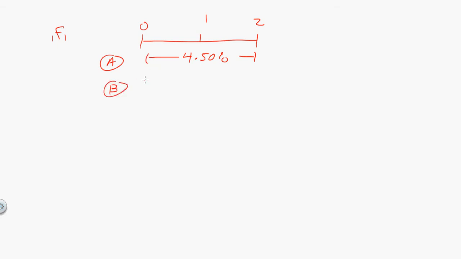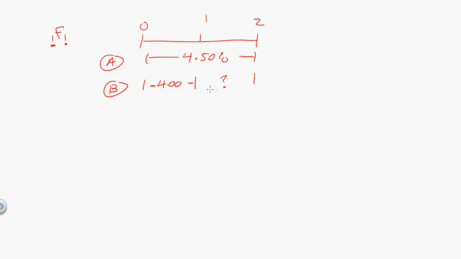Option B, I can invest for 1 year at 4%. And then I can invest after a year, I'll reinvest at a rate I don't know. 1F1 is a 1-period spot rate beginning in period 1. So this begins in period 1 and goes for 1 period.